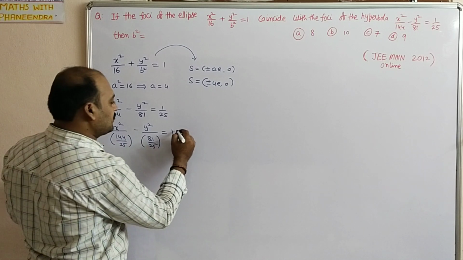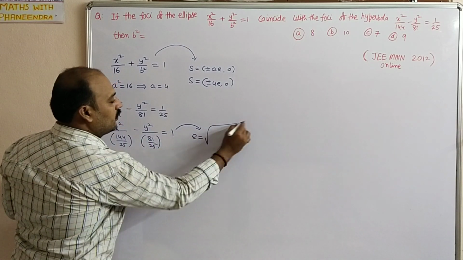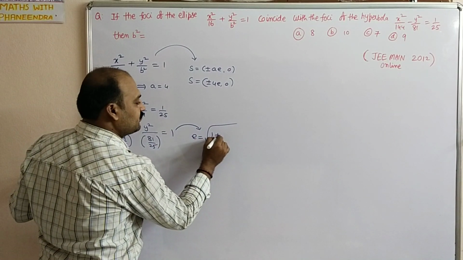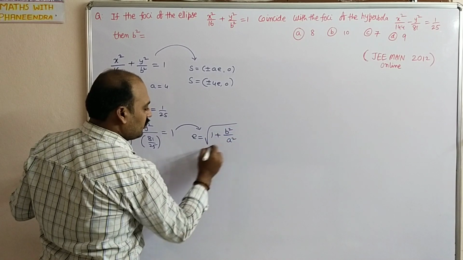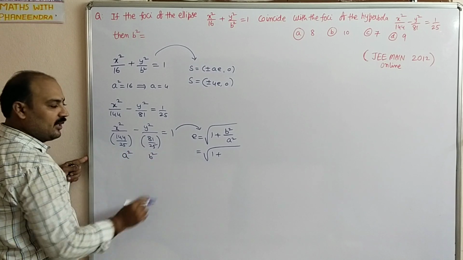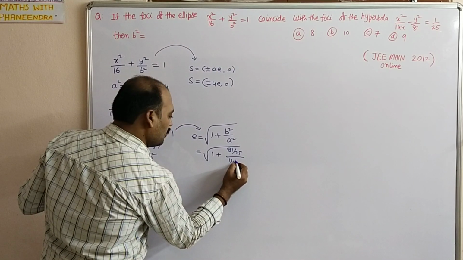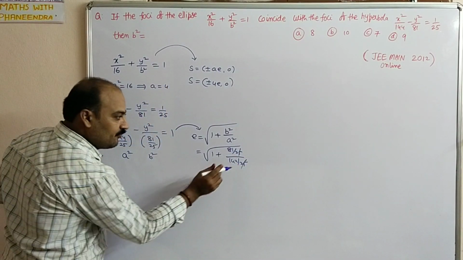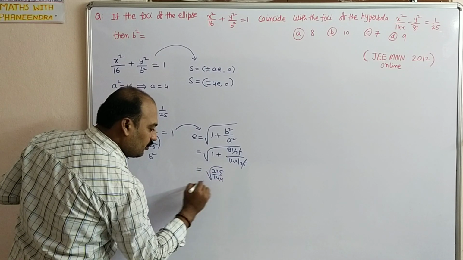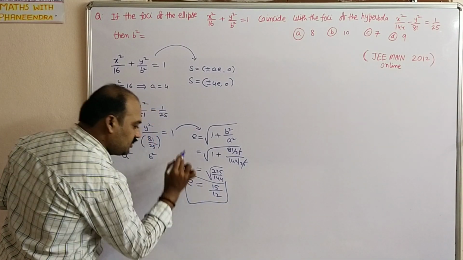So the eccentricity of this hyperbola is equal to root over 1 plus b square by a square, which is root over 1 plus 81 by 25 divided by 144 by 25. 25 gets cancelled. 144 plus 81, root 225 divided by 144. Root 225 is 15, root 144 is 12. So the eccentricity value is 15 by 12.